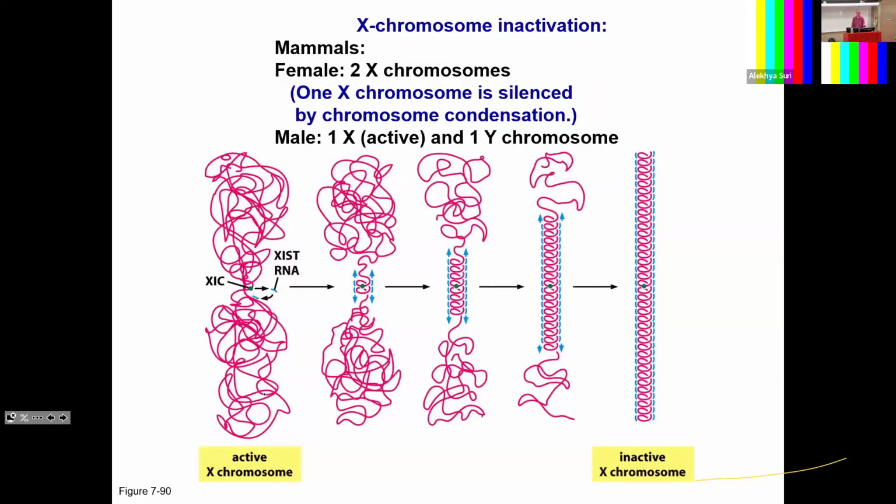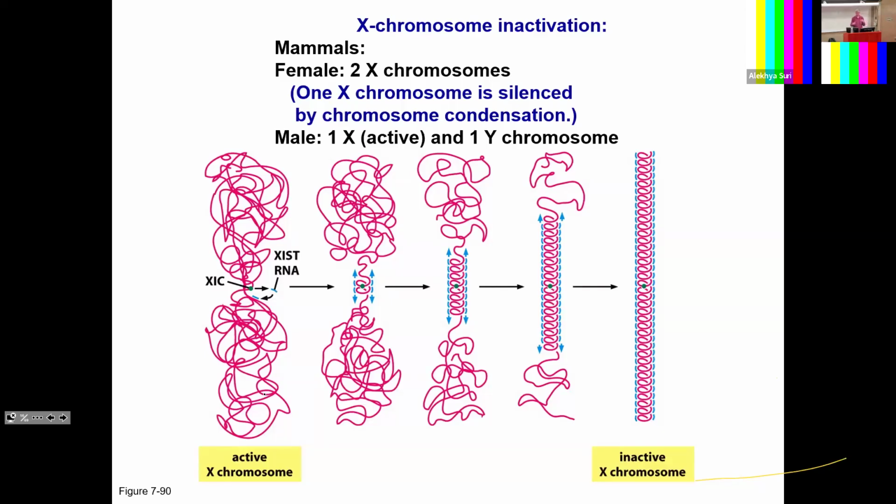Okay, so next one would be going from local chromatin changes to changes over the whole chromosome. Like you know that males have X and Y chromosomes, but females have 2 X chromosomes, of which 1 X chromosome would be compact and condensed.